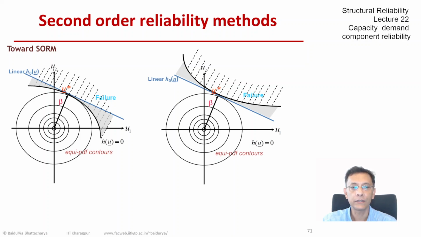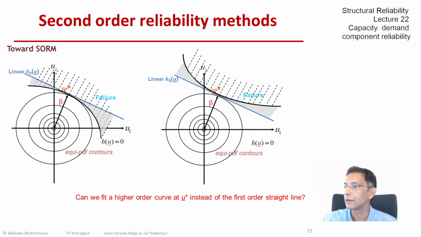So that's the state. Now the question naturally arises: we are using the first order. That's why the first order term is used in the method FORM, because we use a first order or a linear approximation. Can we use a higher order curve instead of that straight line?